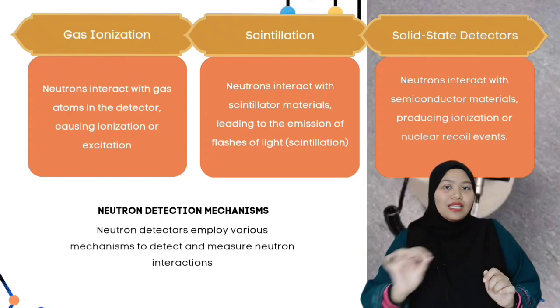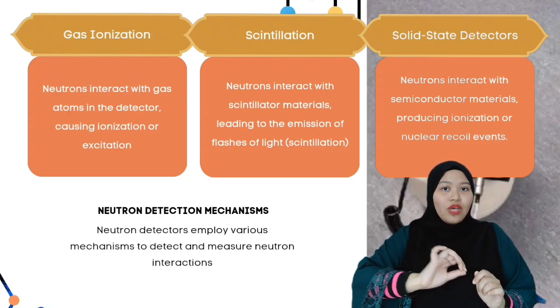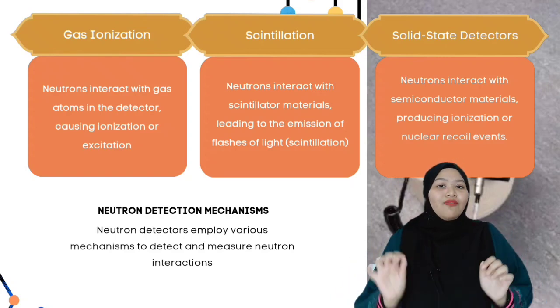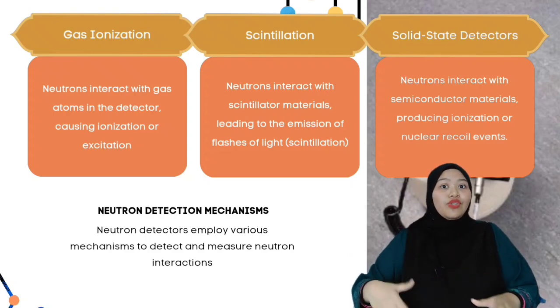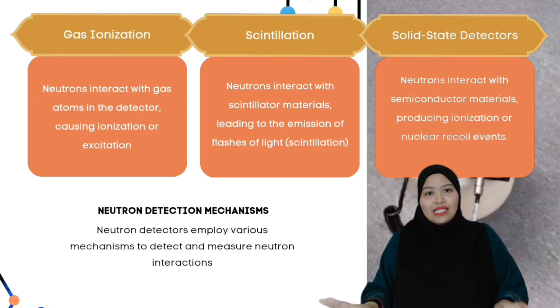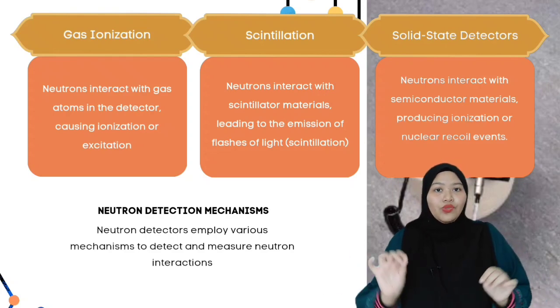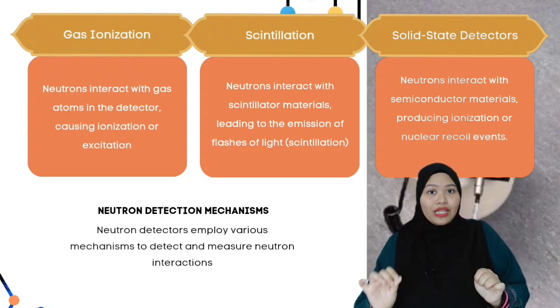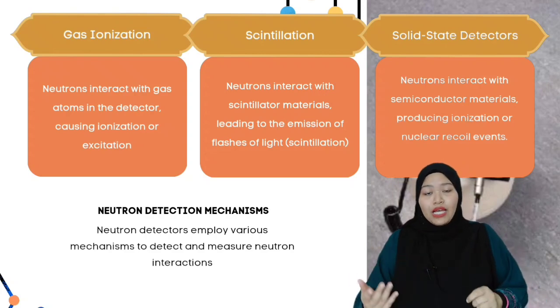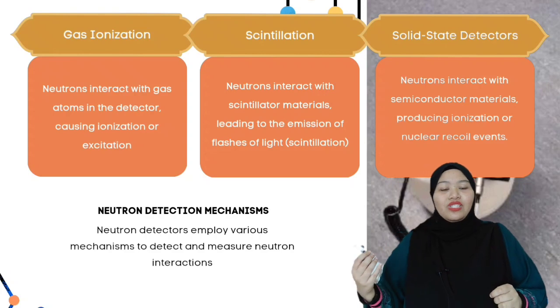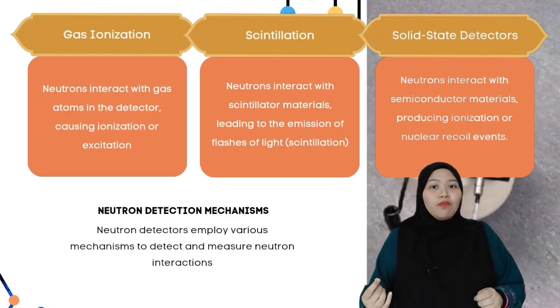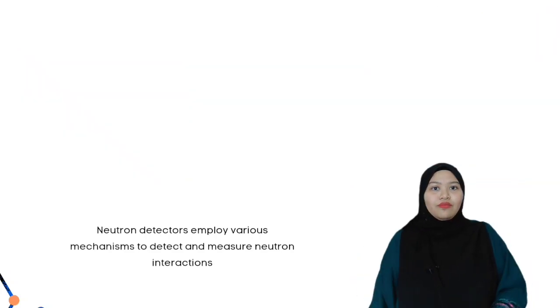Neutrons interact with the scintillator materials, leading to emission of flashes of light. Photodetectors capture and convert this light into electrical signals. Lastly, solid-state detectors. Neutrons interact with the semiconductor materials, producing ionization or nuclear recoil events. These interactions generate electrical signals that can be detected and measured.